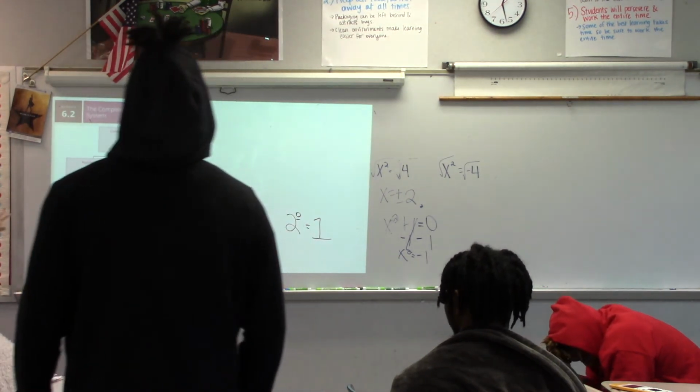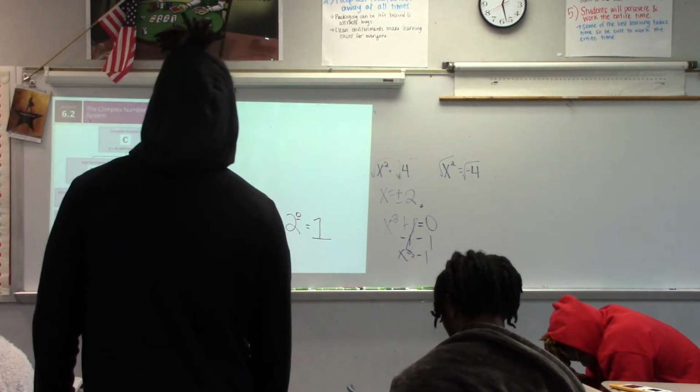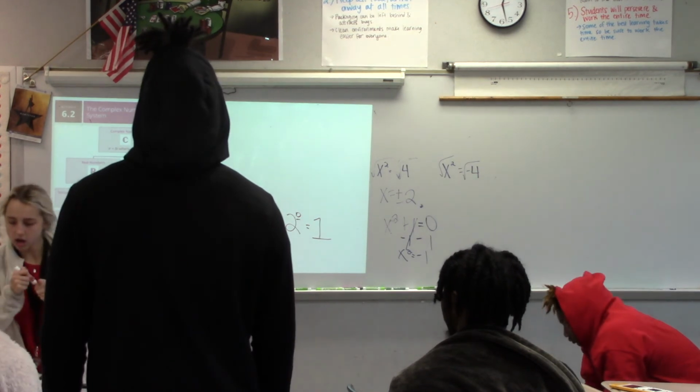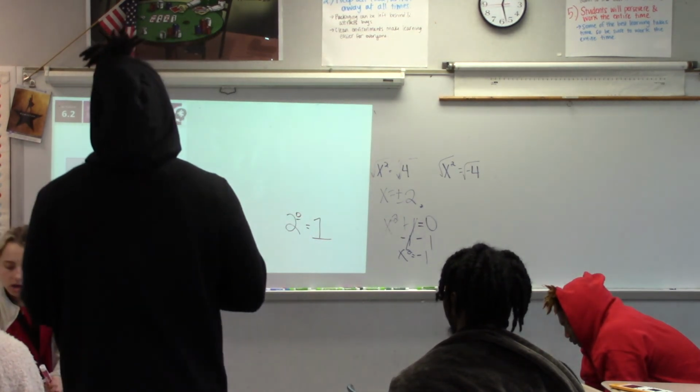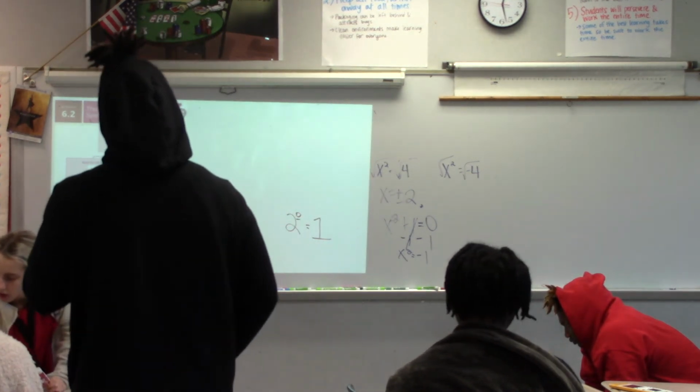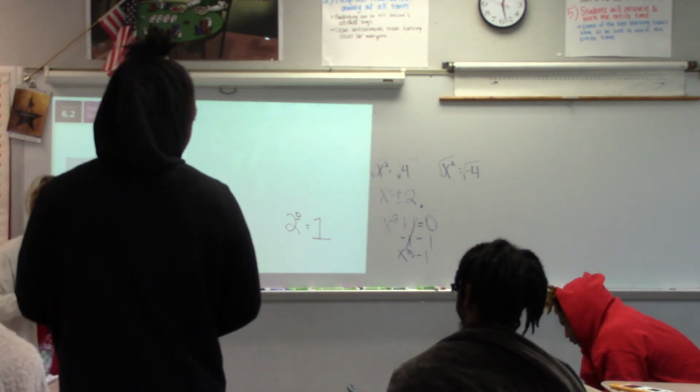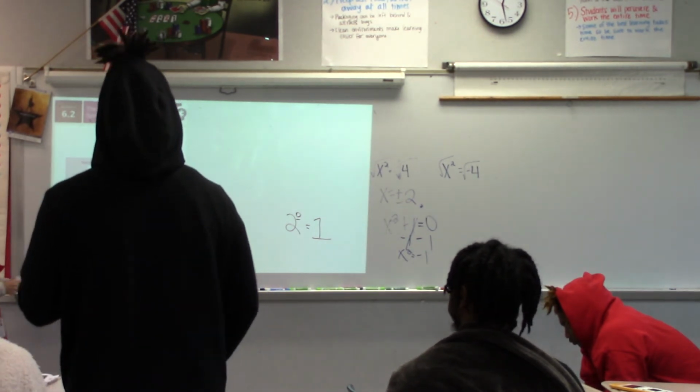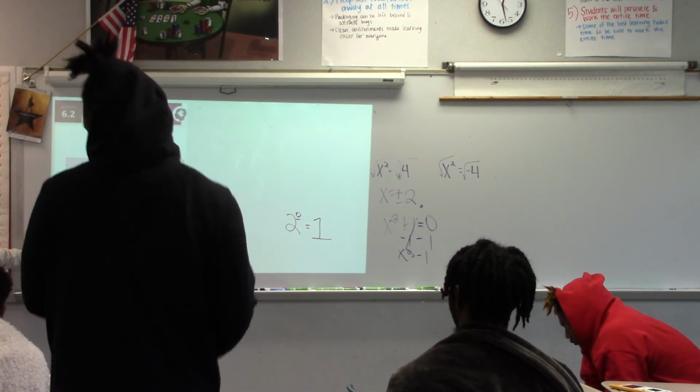So now that you know how this number system is set up, can you see how some of these cards could be classified in more than one way? Originally you might say this is a whole number, but isn't it also an integer?